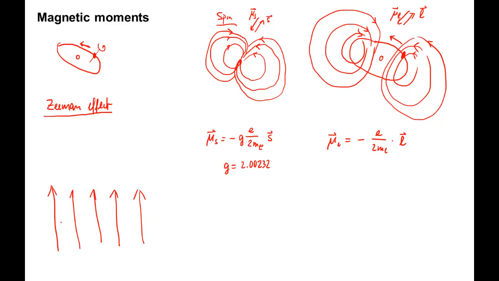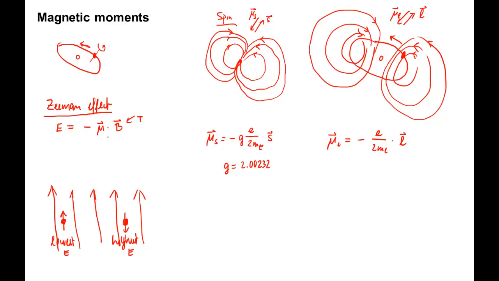If the two are parallel, the energy is lowest. If they are antiparallel, the energy is highest. Formally, the energy is given by a dot product. E equals negative μ dot B, where μ is the magnetic moment, dipole moment, could be either spin or orbital, and B is the magnetic field, with SI units of Tesla.